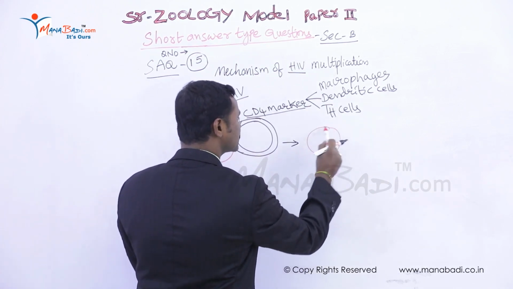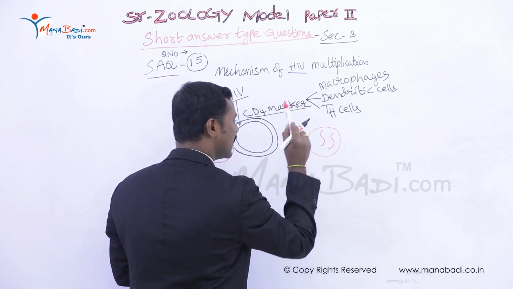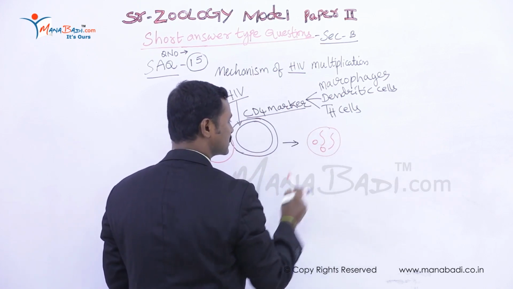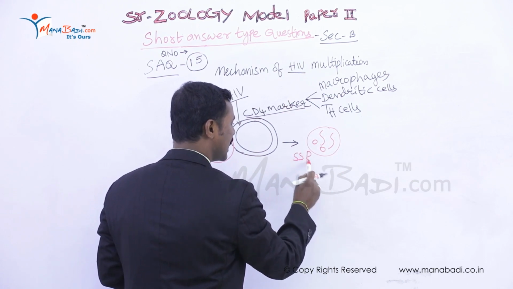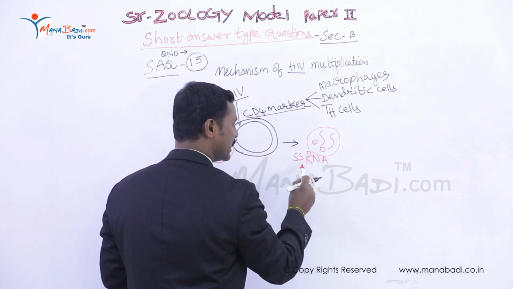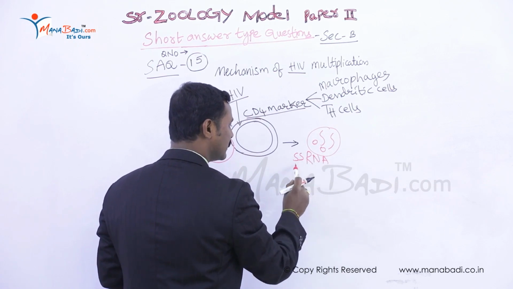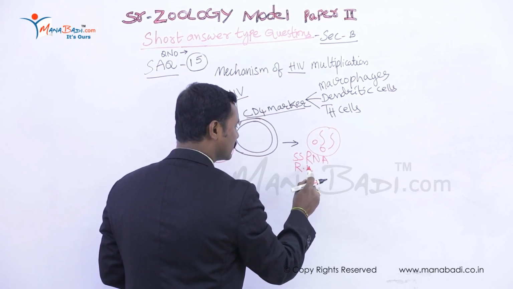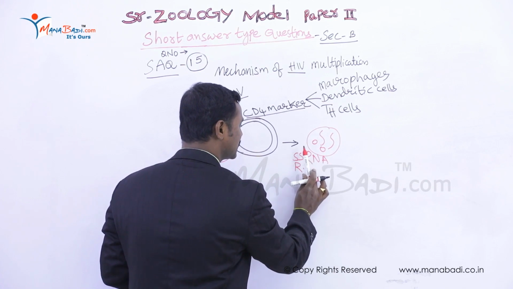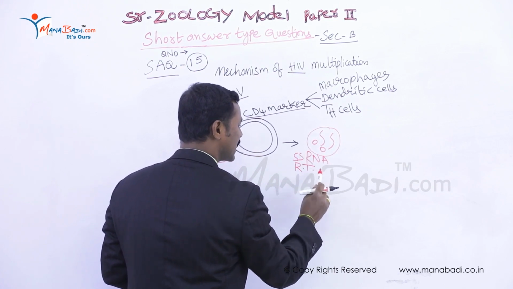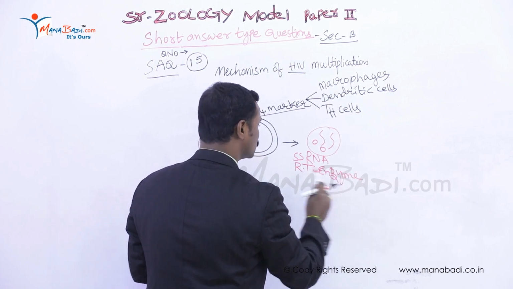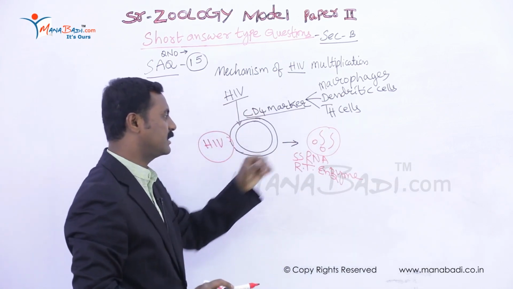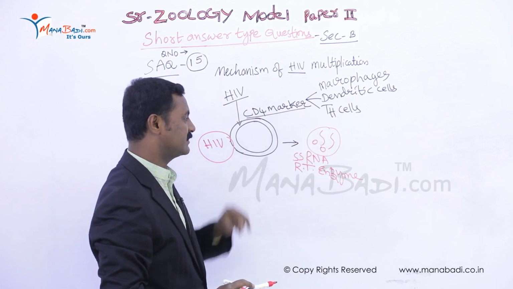Generally, the HIV virus consists of single stranded RNA and the reverse transcriptase enzyme. These are the two very important structures we can see in the HIV.